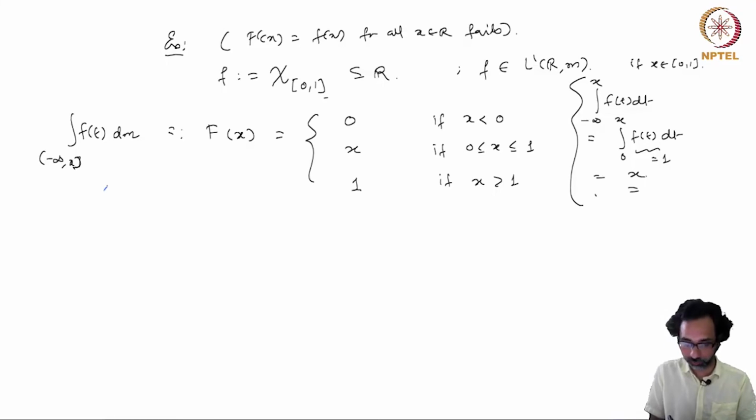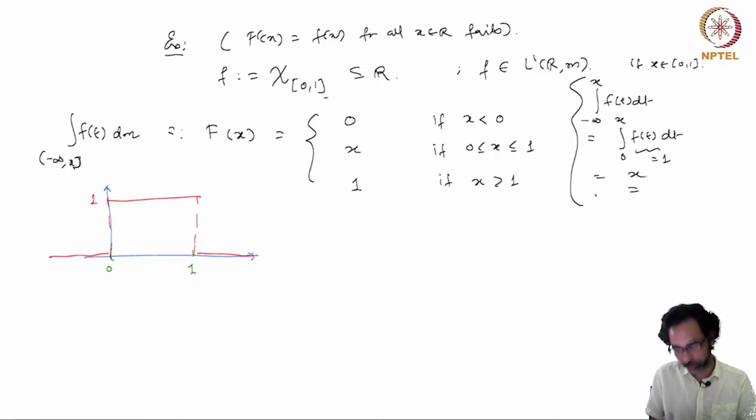So the graph of small f from 0 to 1 is simply this function, which is 1 on [0,1] and 0 outside. But this is f of x, small f of x, but for capital F of x it is 0 for values of x between minus infinity and 0, then it becomes x in the range 0 to 1, and then it becomes 1 outside.